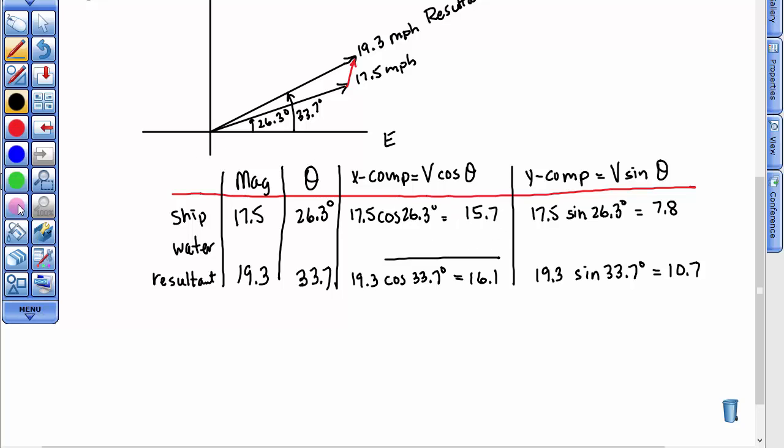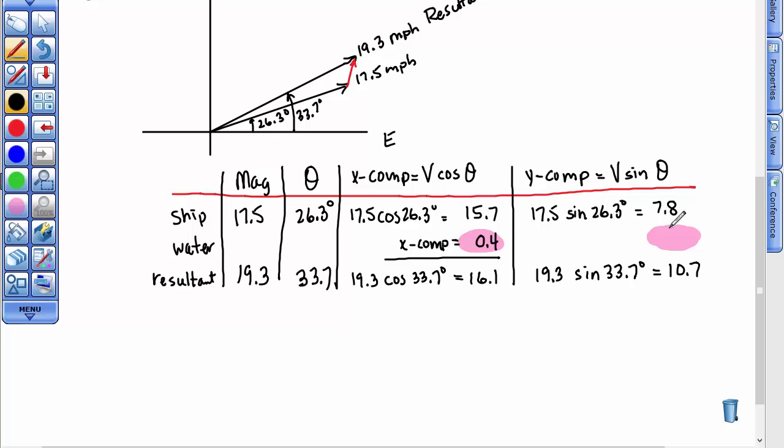So I'm going to kind of put a little highlighter. I want to get a number right here to represent the current, so that when I add these two together, I get the 16.1. And the same thing right here. I want to get a number right here to add to the 7.8 to get the 10.7. So 15.7 plus 0.4, which represents the x component of the water, these two add up to be 16.1.